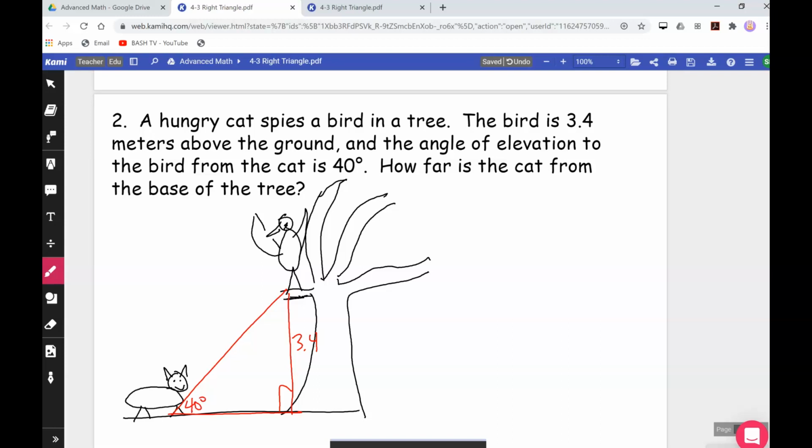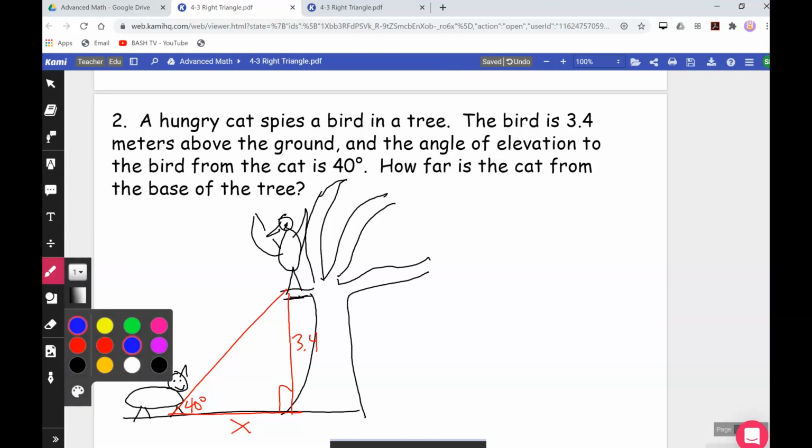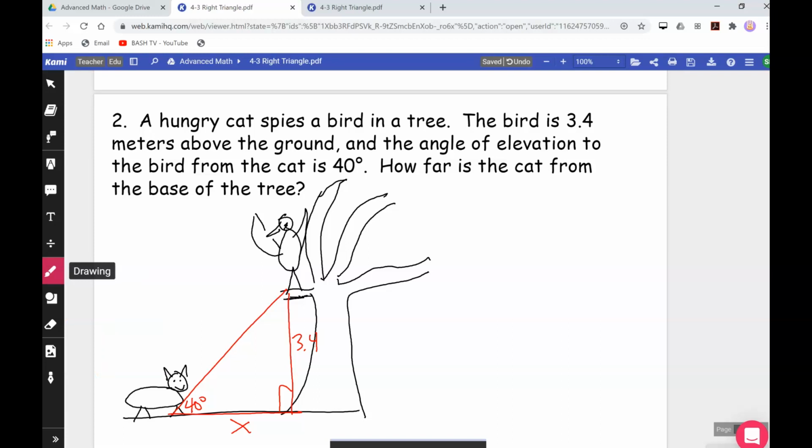So there. The angle of elevation is going up. How far is the cat from the base of the tree? In other words, I'm looking for this. And a lot of times, unlike the last problem, we're only looking for one thing. Okay, so in this case, we're trying to find x there. So this would be my opposite, and this is my adjacent.